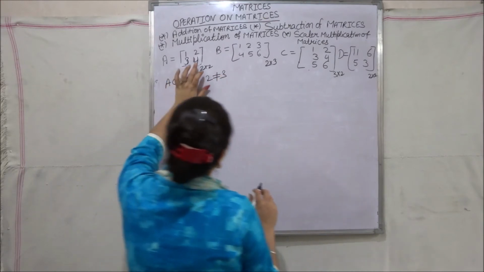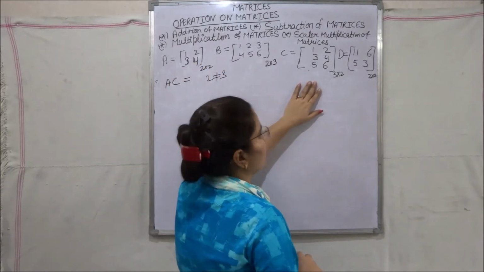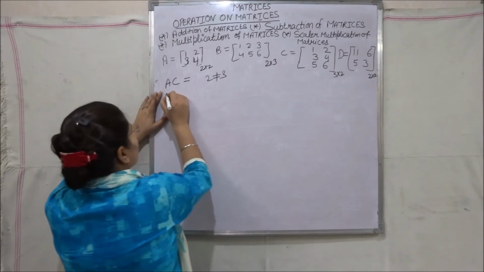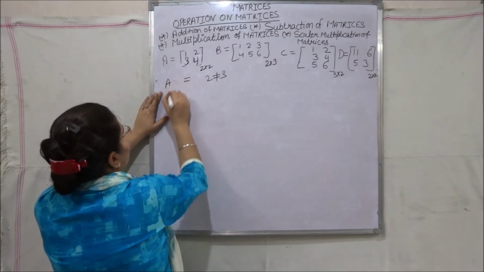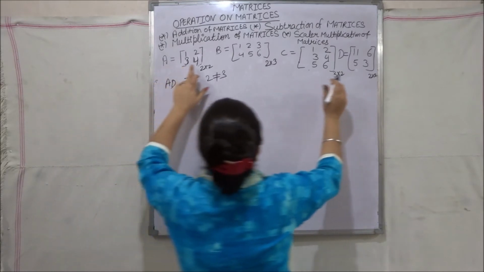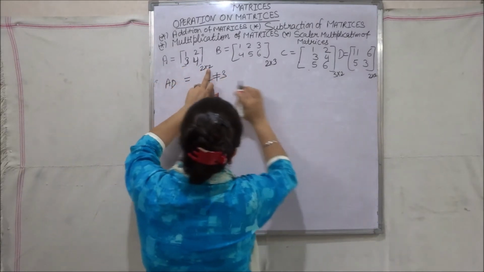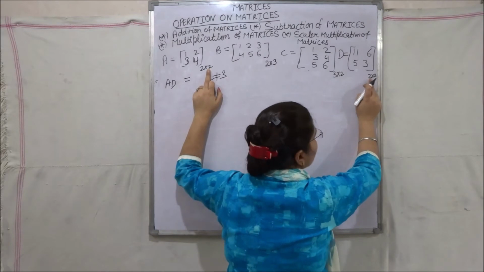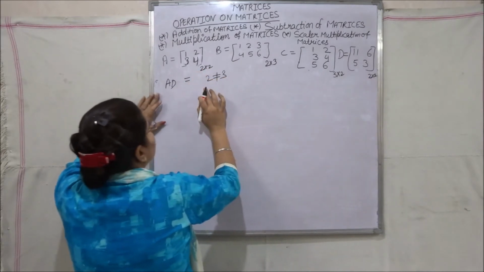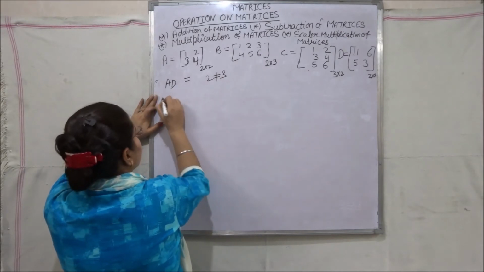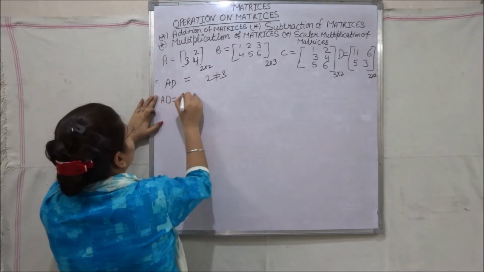Therefore in this case multiplication is not possible. Now if we want to multiply matrix D, the number of columns of matrix A is 2 and the number of rows of matrix D is 2, and hence we can multiply matrix A with D.